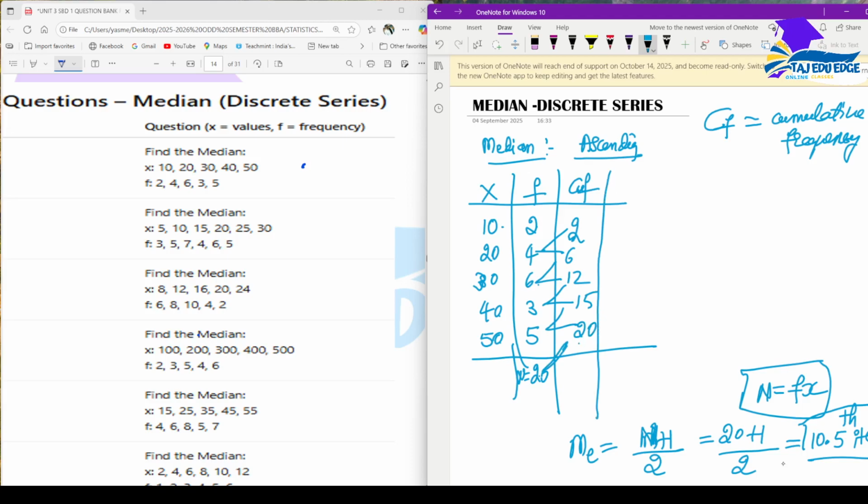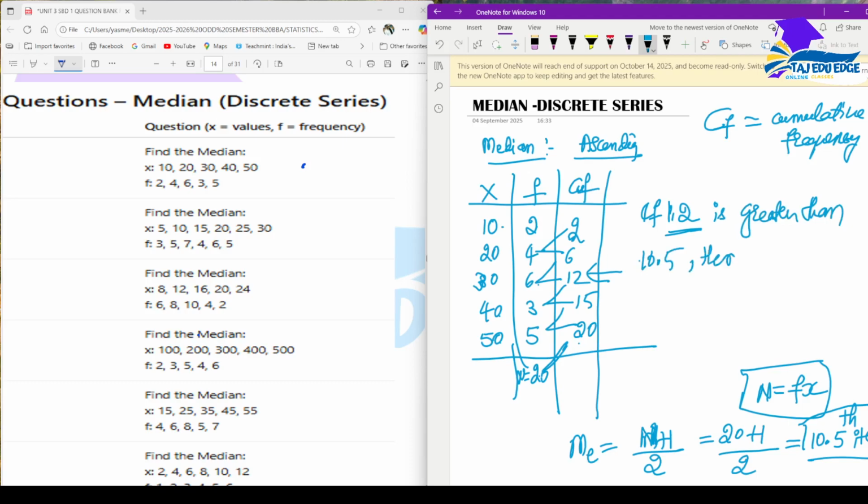Now we look for 10.5 here. CF 12, I underline this, CF 12 is greater than 10.5.